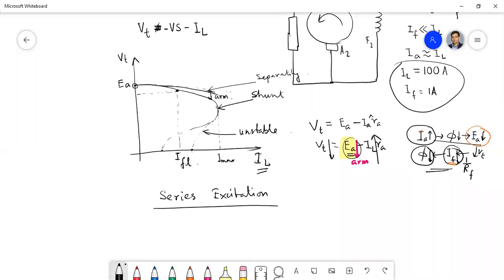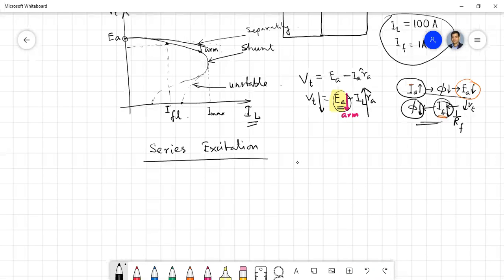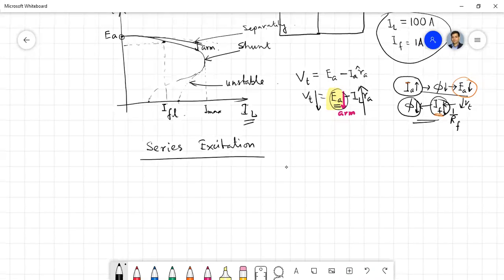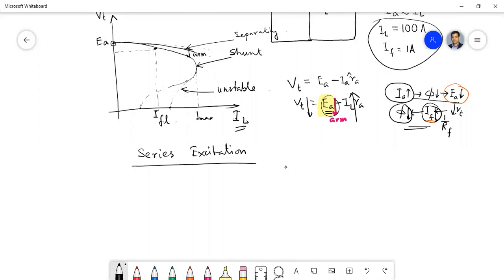Do you have any idea? Because in a no load condition, a series excited machine fails to develop any voltage, but in case of loaded condition, what will happen?